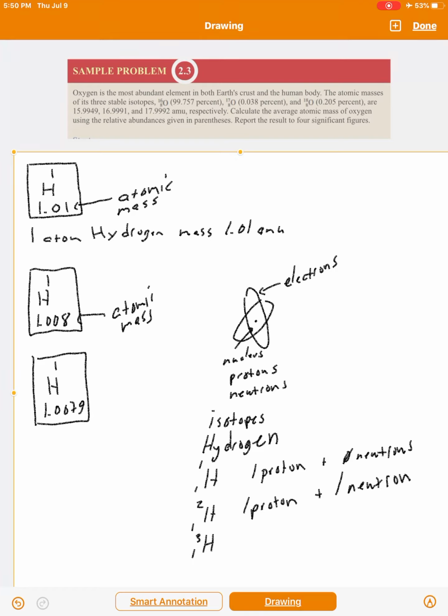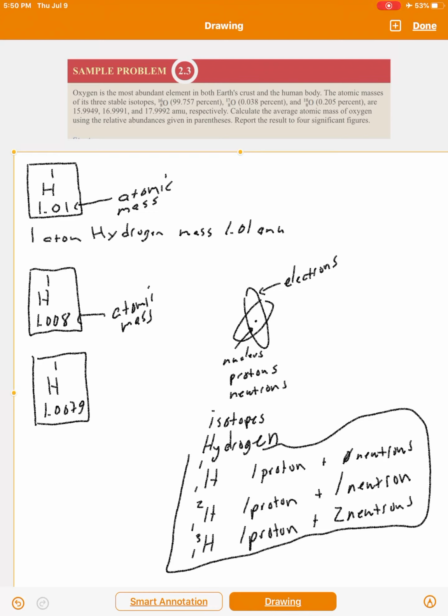Hydrogen 3 has 1 proton plus 2 neutrons. Those are called isotopes. So these are the naturally occurring isotopes of hydrogen. In nature, there is no H4. There is no hydrogen with 3 neutrons.